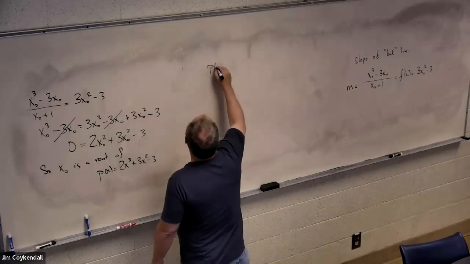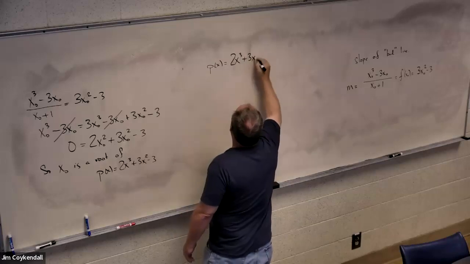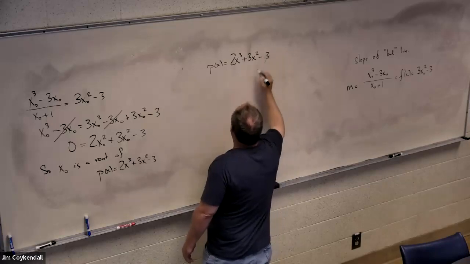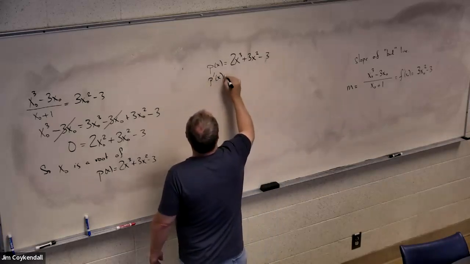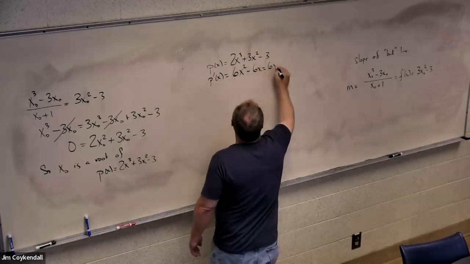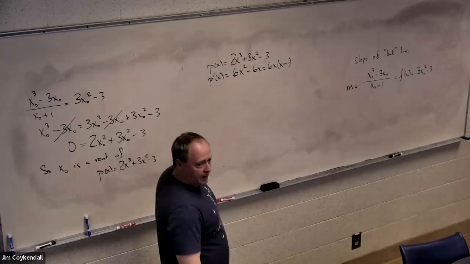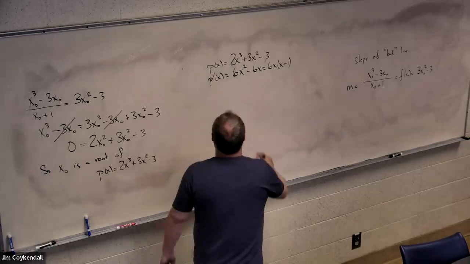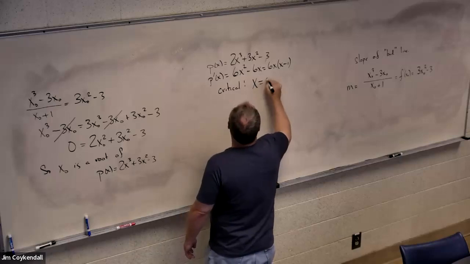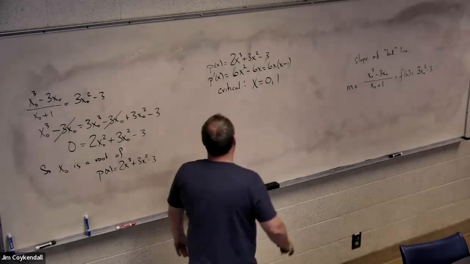So notice P of x is 2x cubed plus 3x squared minus 3, and so P prime of x is 6x squared plus 6x. So I have two critical points, 0 and -1. Great. So let's see what this looks like.